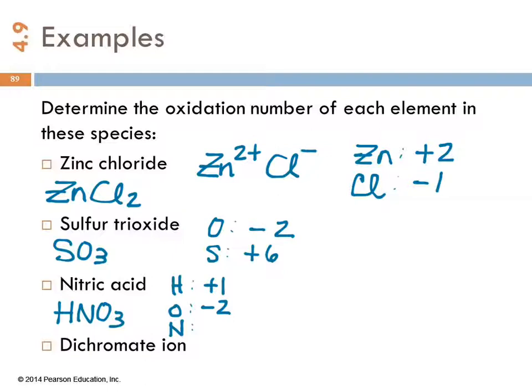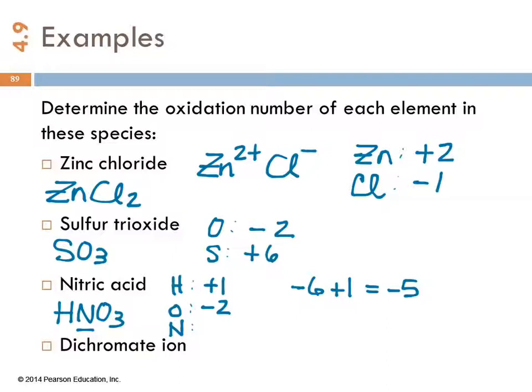Okay, so we went through that order, and now we have to figure out what nitrogen is. Well, 3 oxygens would give us -6, and the 1 hydrogen is +1, so that gives us a total of -5. And what do all of these oxidation numbers have to add up to for nitric acid? 0.